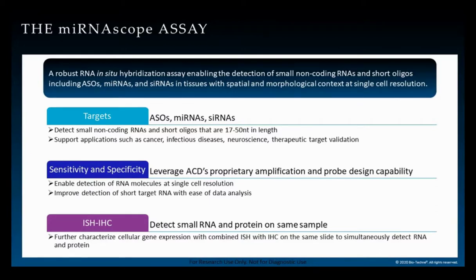To enable further insights into your research, the miRNAscope assay is also compatible with immunohistochemistry or immunofluorescence assays, allowing the detection of these small RNAs and proteins simultaneously on the same tissue slide.